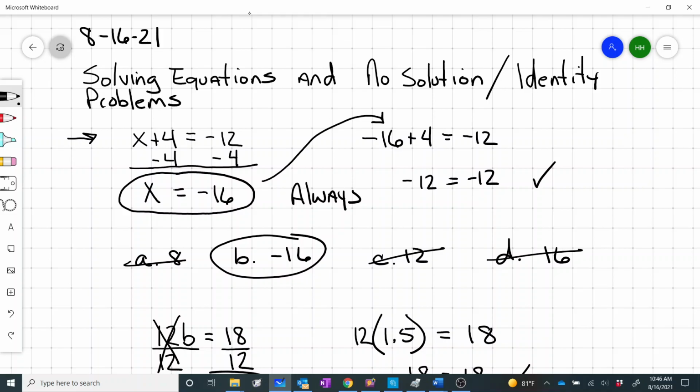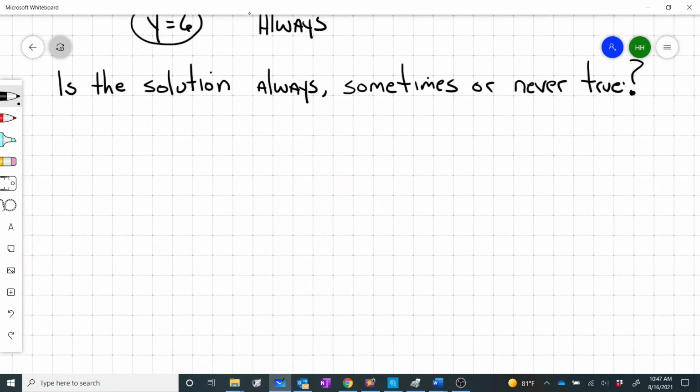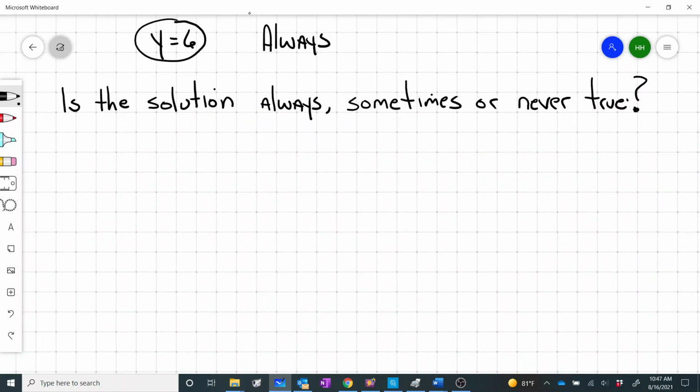Now, what you'll see today when you're doing these problems is the solution always, sometimes, or never true. Let's say that we got 11 plus 3x minus 7 is equal to 6x plus 5 minus 3x.